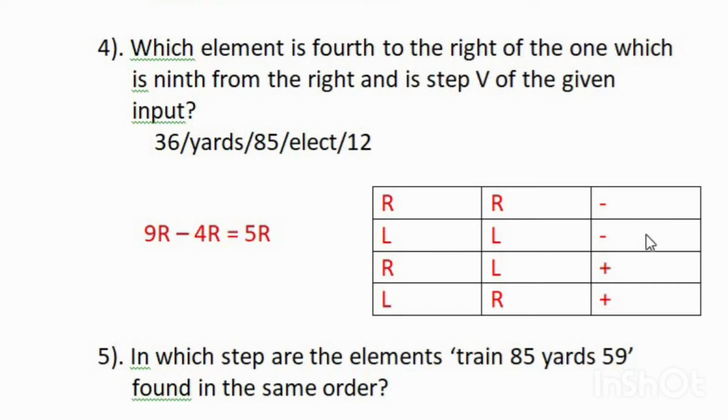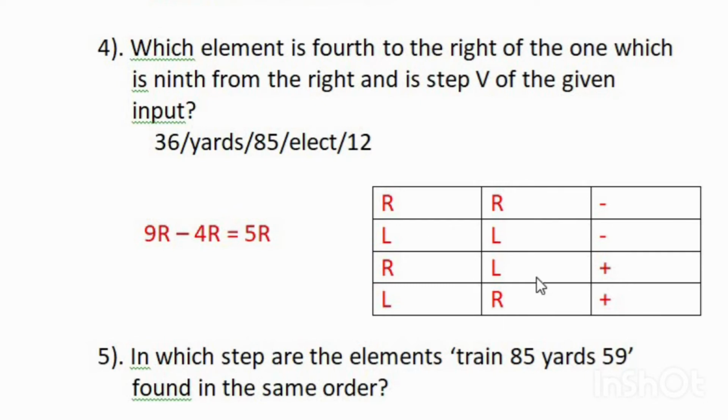When 2 left comes, you have to do minus. When right and left comes, you do plus, and when left and right comes, you do plus. So here fourth right and ninth right, both are right, you have to do minus. So ninth right minus fourth right equals fifth right. So you have to find out the element which is fifth right in step 5 of the given input.